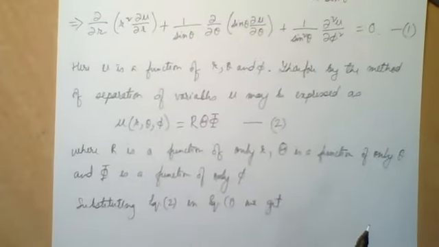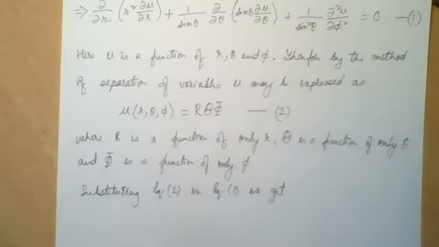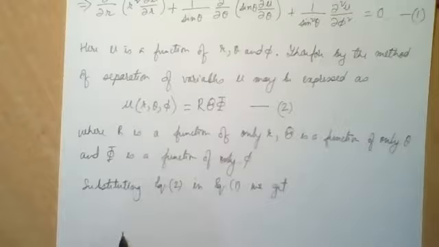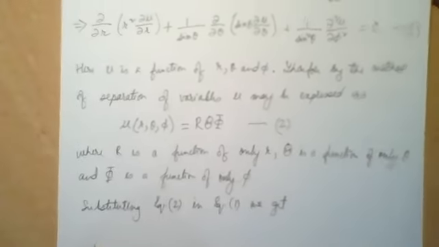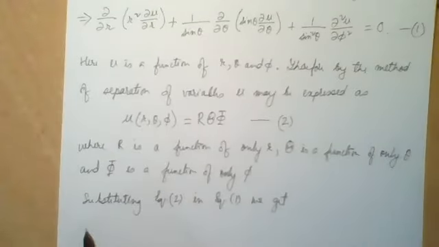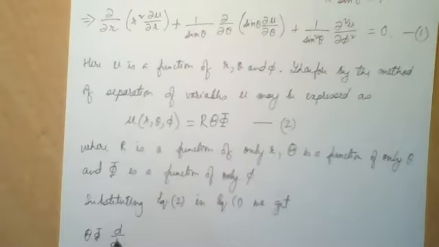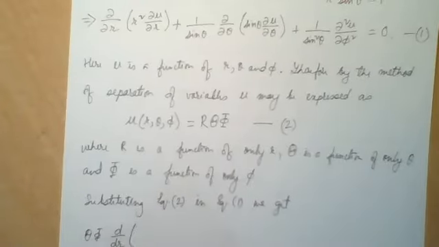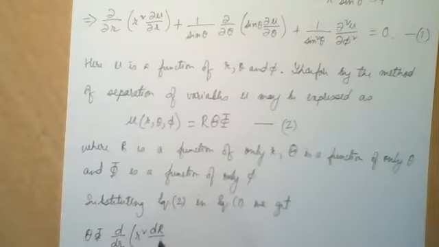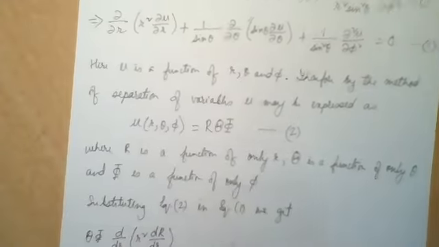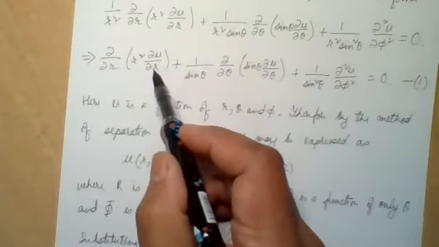So here we have capital theta, capital phi, d by dr of r square dR by dr. So this is the first term.